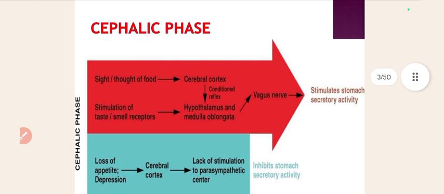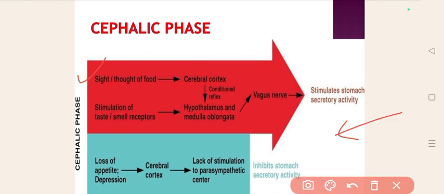The cephalic phase: whenever you see some delicious food or smell some delicious food, it sends sensory impulses to the cerebral cortex, and from the cerebral cortex it sends a conditioned reflex to the hypothalamus and medulla oblongata, and through the vagus nerve, the 10th cranial nerve, it stimulates the secretory activity of the stomach, and HCl is secreted.